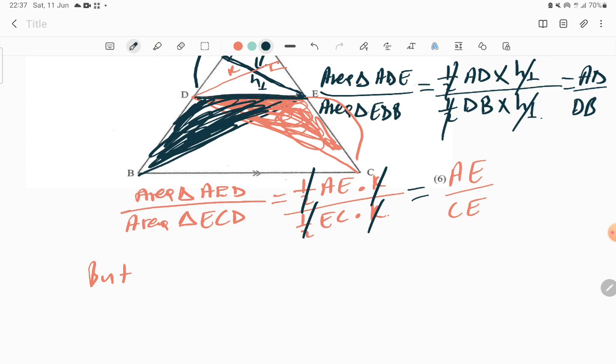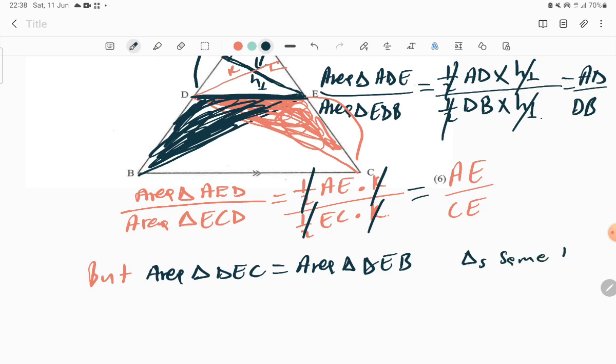So the area of triangle DEC is equal to the area of triangle DEB, because these are triangles with the same base and same height, or triangles between parallel lines.